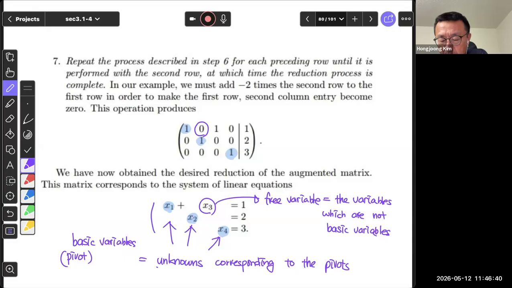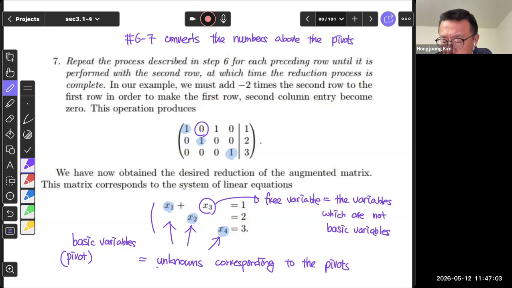So number 6 and number 7 convert the entries, the numbers above the pivots to 0, and those are called the backward phase.